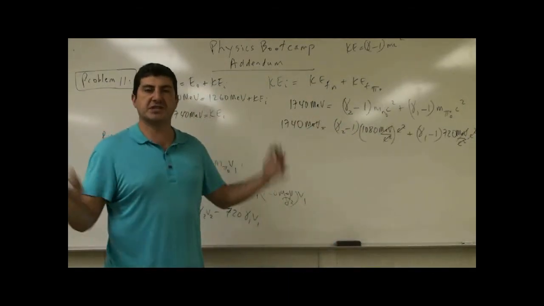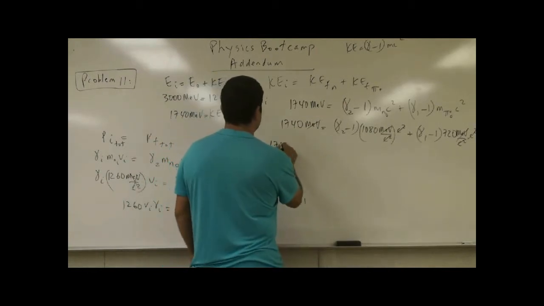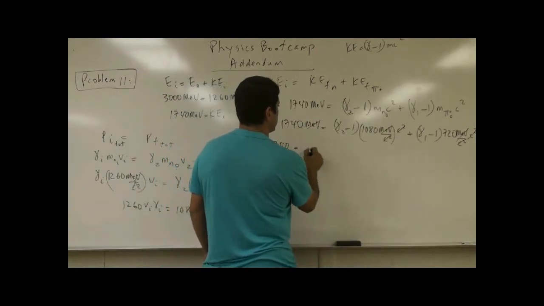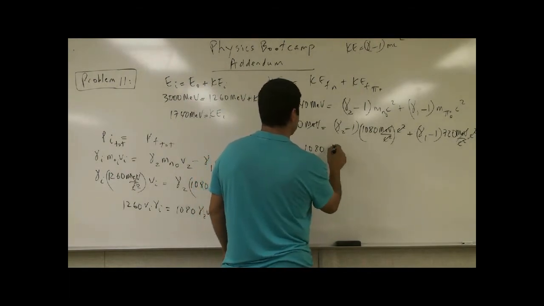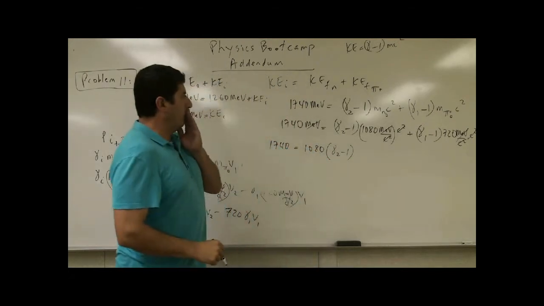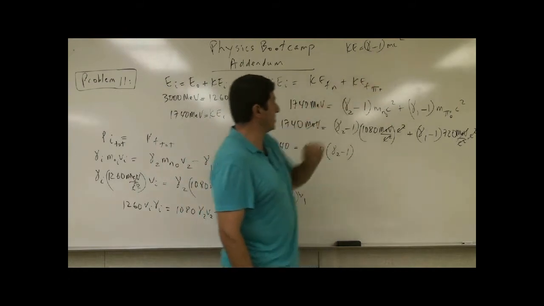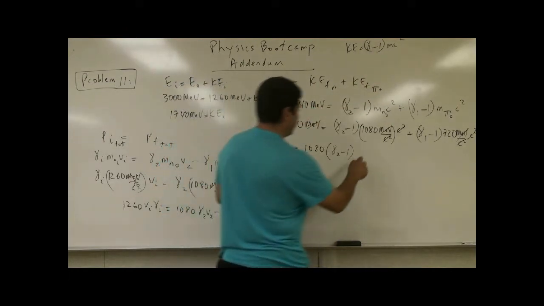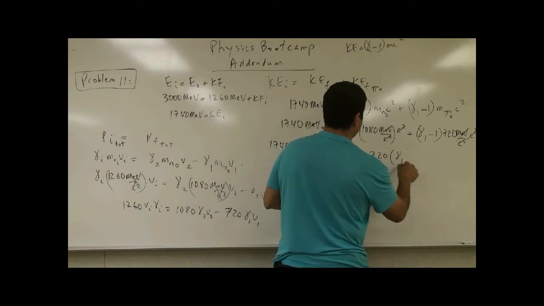So the whole point is this becomes something that is unitless. So it becomes 1740 is equal to 1080 gamma 2 minus 1. Okay, so the minus 1 is coming from here, and then plus 720 gamma 1 minus 1.